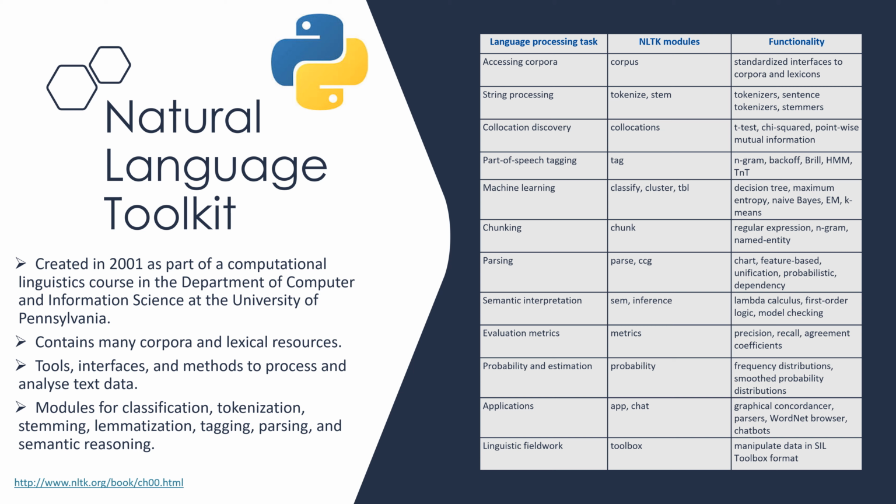This toolkit contains a lot of corpora and lexical resources. It contains several tools, interfaces and methods, all of which serve one purpose: how to analyze large amounts of text data and make meaningful applications out of it. It also contains modules for every part involved in natural language processing.